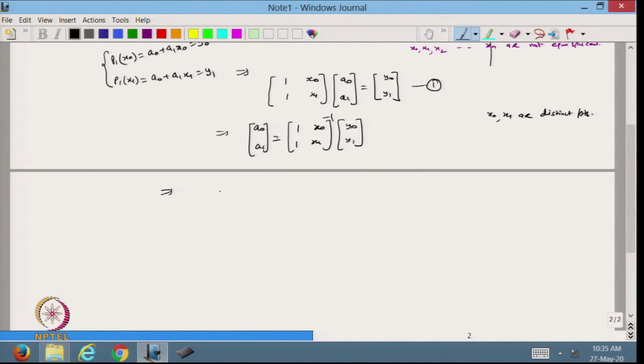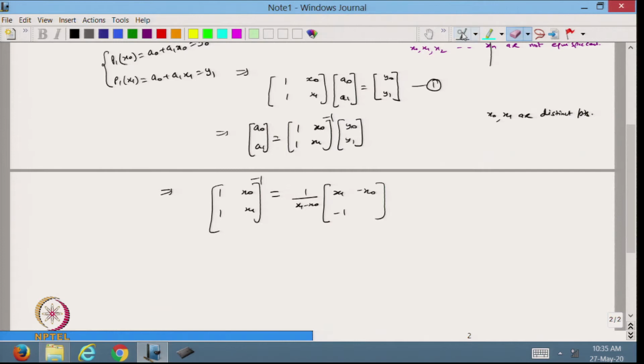The inverse of the matrix with rows 1, x0 and 1, x1 can be written using the determinant, which is x1 minus x0, and the adjoint of this matrix, which is x1, minus x0, minus 1, 1.